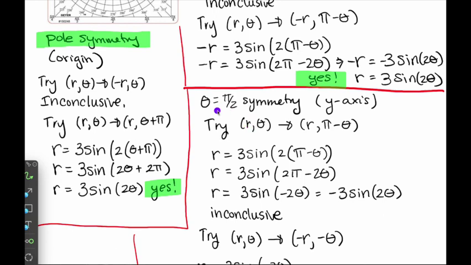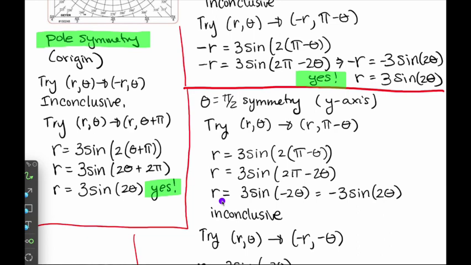All right, now let's look for vertical symmetry, or y-axis symmetry. It's also called pi over 2 symmetry. We're going to try replacing theta with pi minus theta. I put pi minus theta in here and distribute the 2. So I get r is equal to 3 sine, and inside I have 2 pi minus 2 theta. The 2 pi can go away because that's just repeating another full cycle.